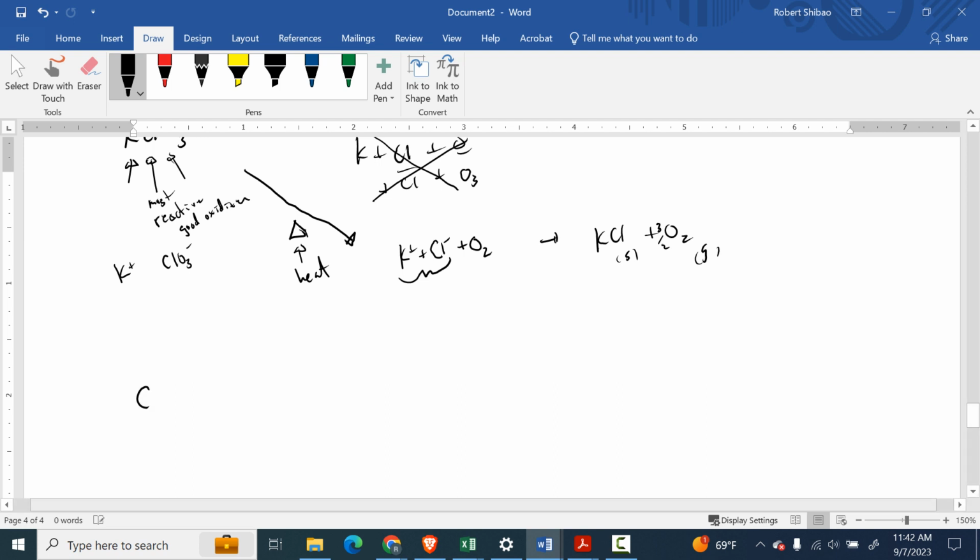So for example, let's say I had a CxHySz compound, and I combust it. Well, I know C will be completely combusted to CO2.